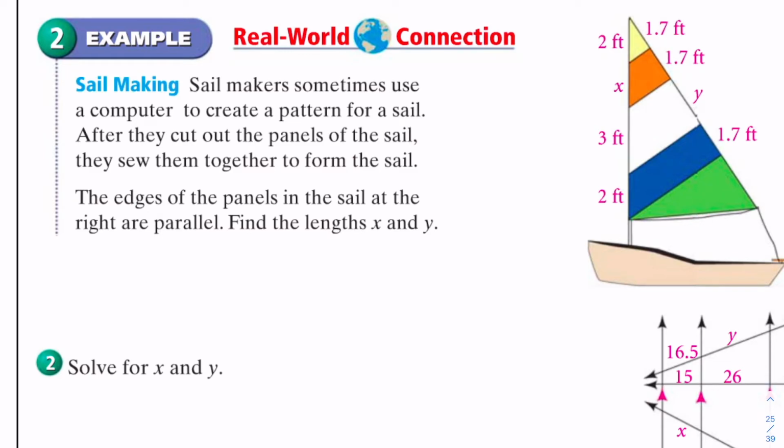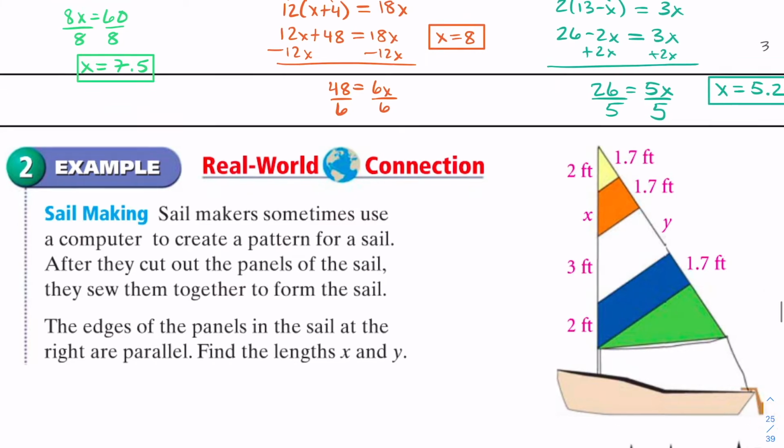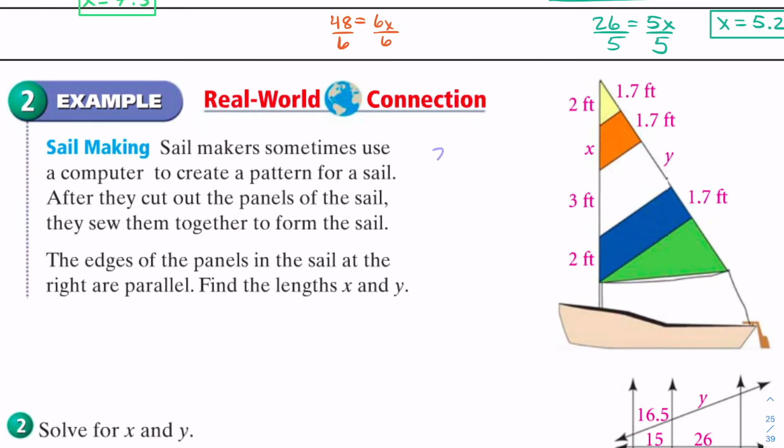But we can solve for x and y, because what we're going to do is say 2 is to x as 1.7 is to 1.7. Well, in that case, x will have to be 2, but here, let's set it up. 2 is to x as 1.7 is to 1.7.